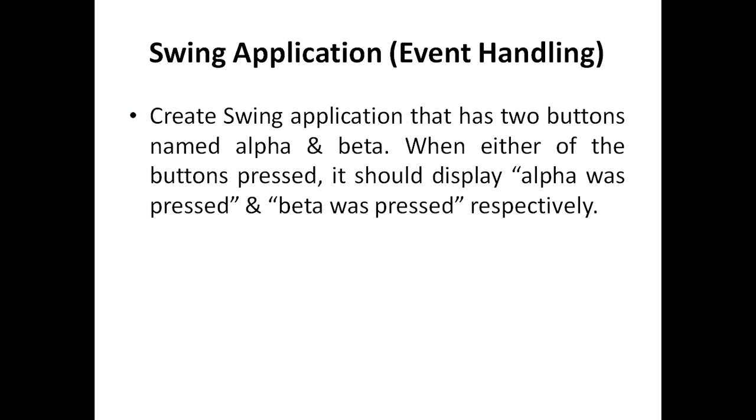Next, another application we are going to see here, where we are using two buttons, and the names of the buttons we have given as alpha and beta, and our default message displayed is press a button. If you click on the alpha button, you will get the message alpha was pressed. If you click on the beta button, you will get the message beta was pressed.